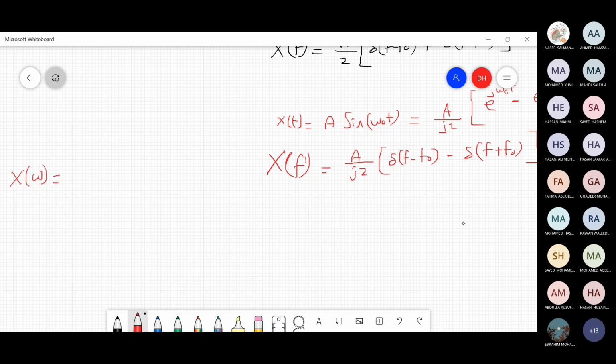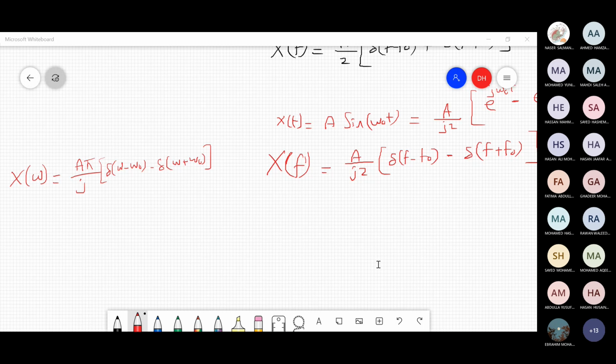So you are left with pi divided by j of delta omega minus omega naught minus delta omega plus omega naught.